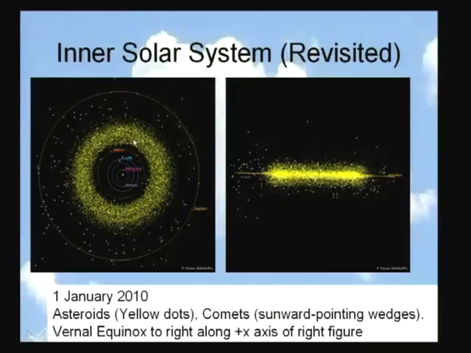So, you have asteroids. In addition to asteroids, you also have comets. So, the white dots show you the position of the comets on 1st January 2010. The positions obviously will change with time. So, they will be somewhat different today, quite different possibly.